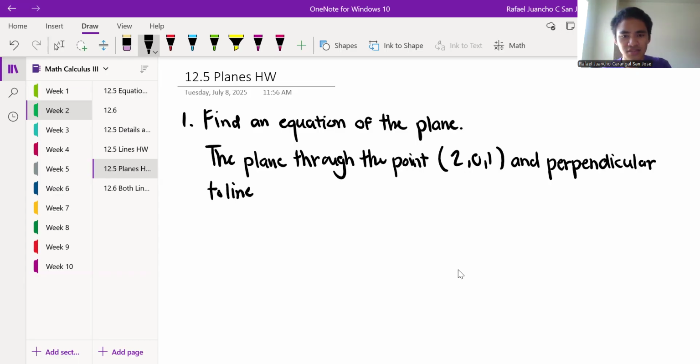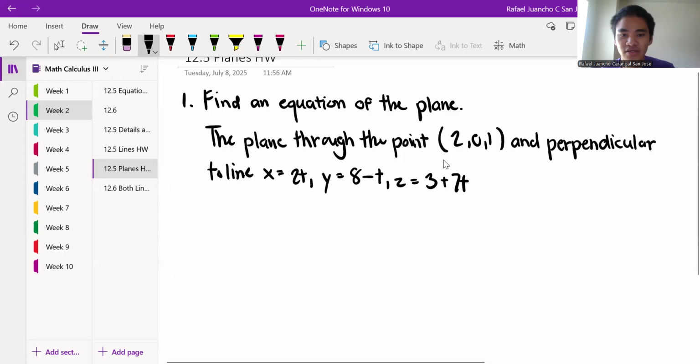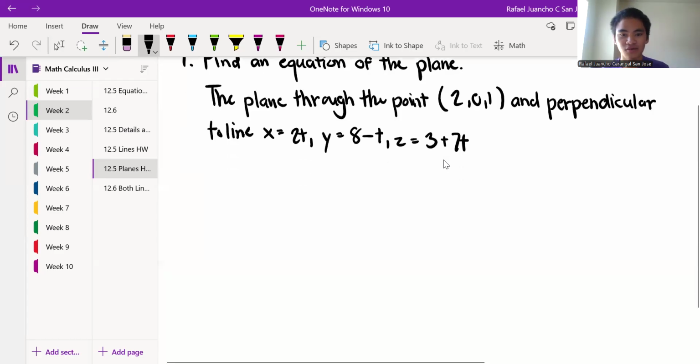That line has parametric equations x = 2t, y = 8 - t, z = 3 + 7t, right?